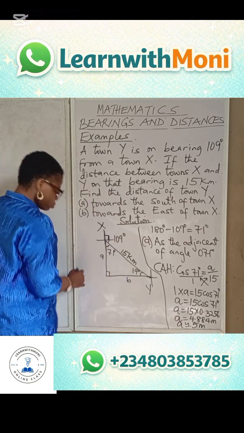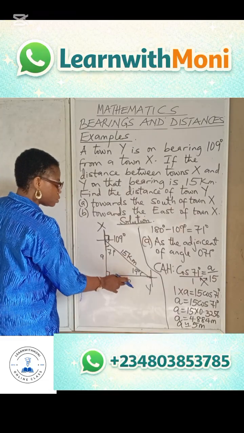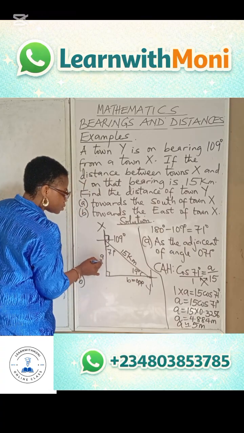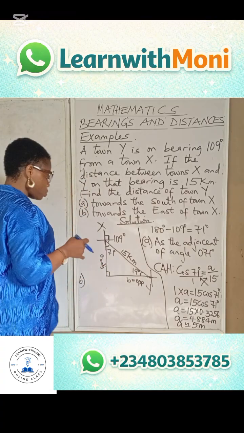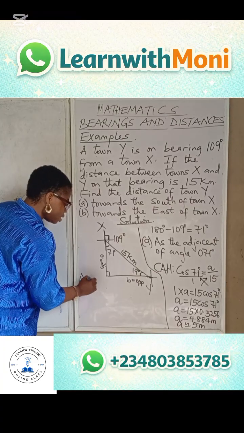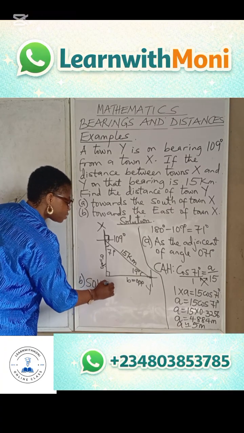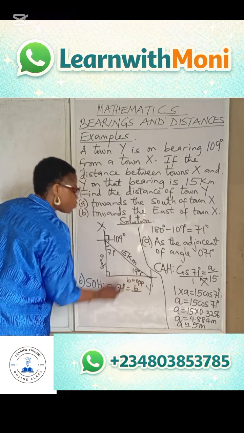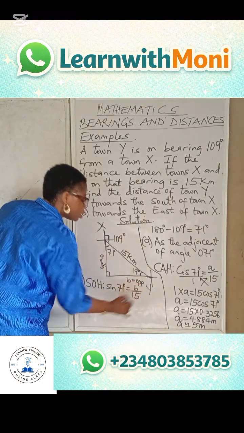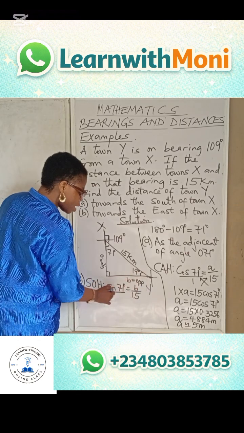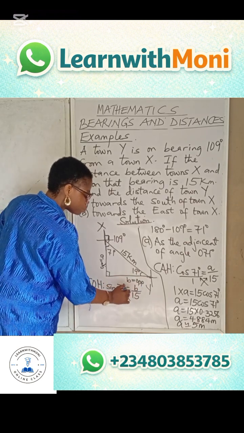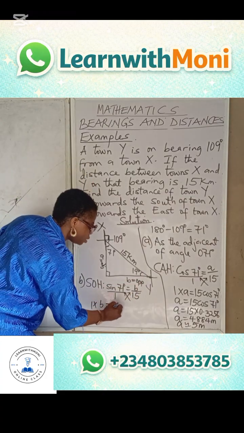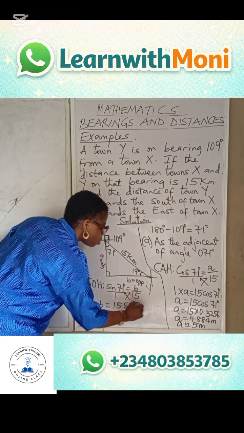The trigonometric ratio that combines opposite and hypotenuse is sine, captured in SOH, where sine 71 degrees is equal to opposite, which is B, over hypotenuse, which is 15 kilometers. To solve for B here, we take cross multiplication, where 1 times B equals 15 sine 71 degrees.